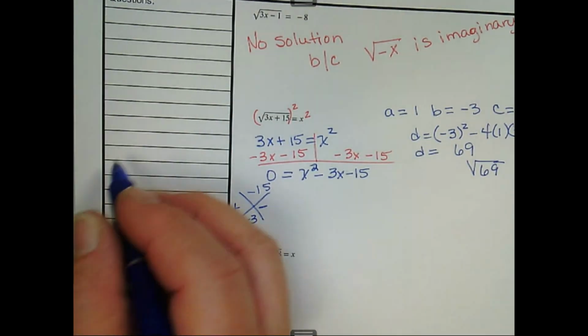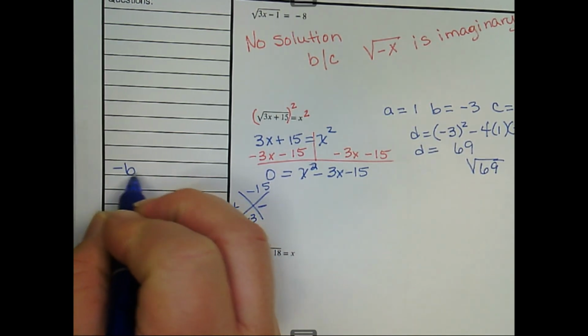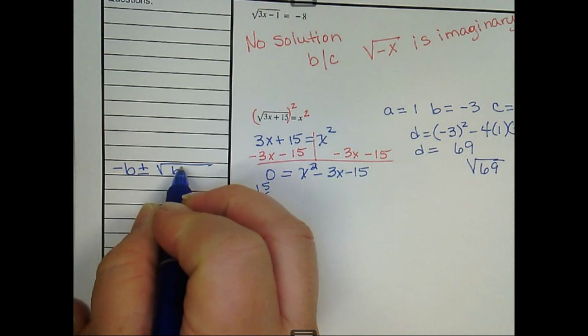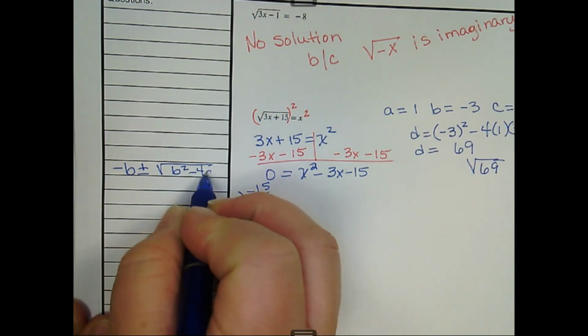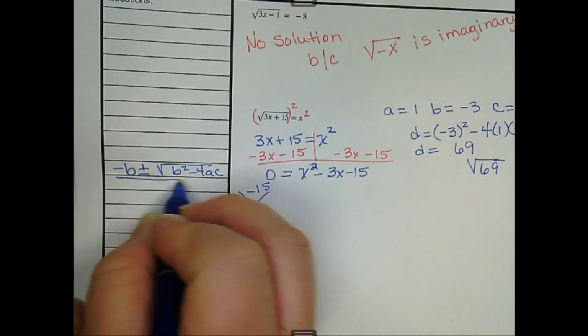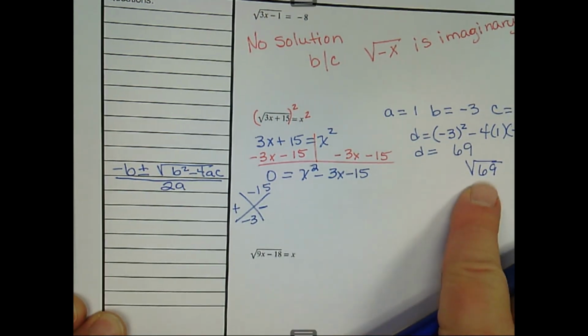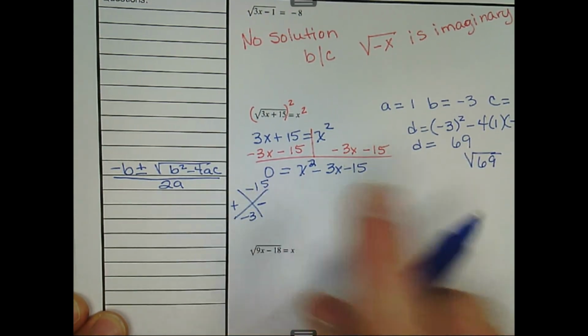Remember the quadratic formula: the opposite of b, plus or minus the square root of b squared minus 4ac, all of it divided by 2a. Here's my discriminant.